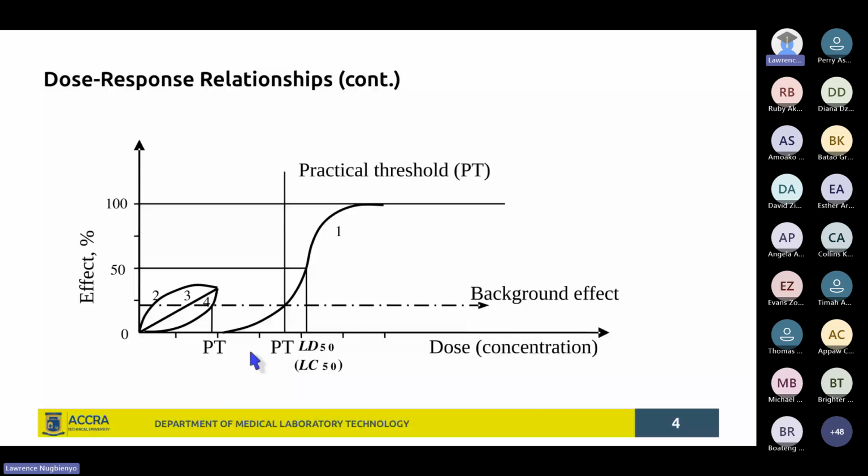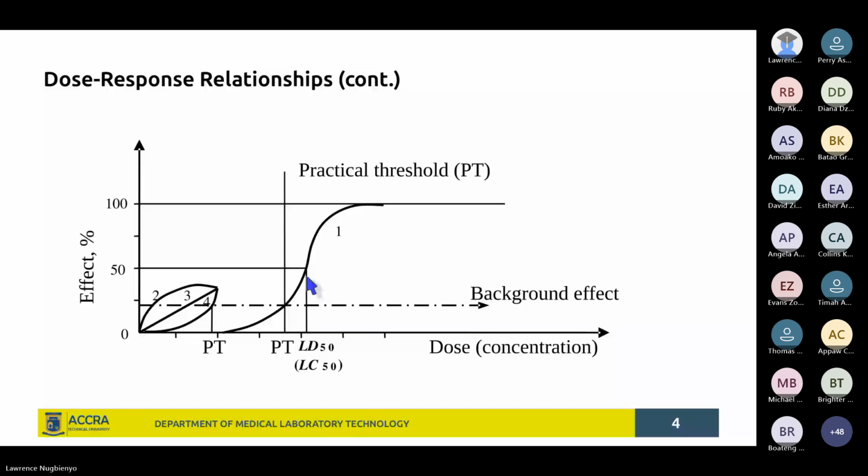And the practical threshold is the lowest concentration or the lowest dosage of a substance from which you begin to experience therapeutic effects, if it's a pharmaceutical substance, or if it's a toxic substance, you'll begin to experience significant toxic effects above the background effect.